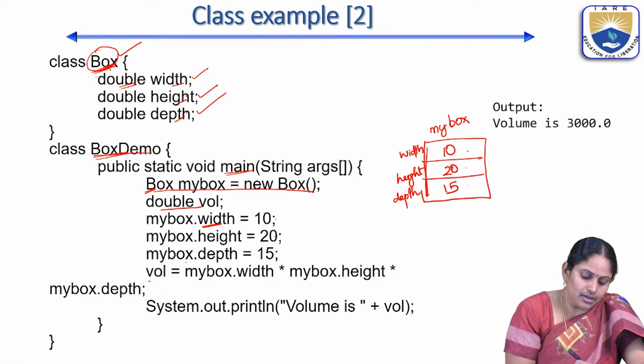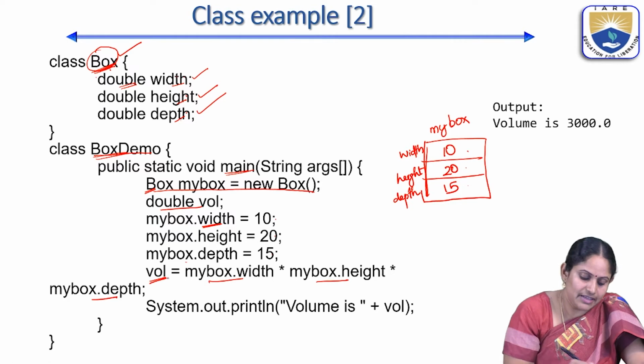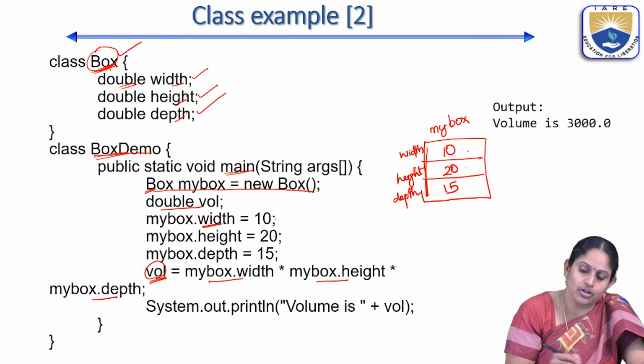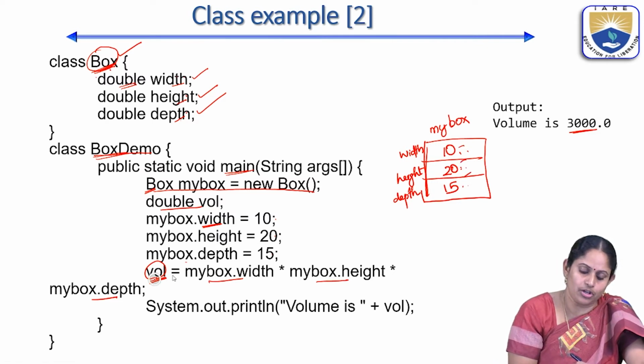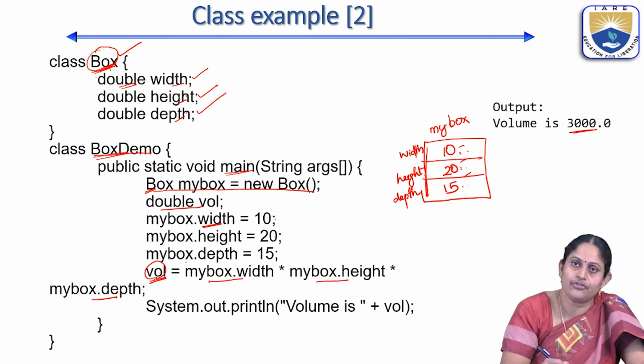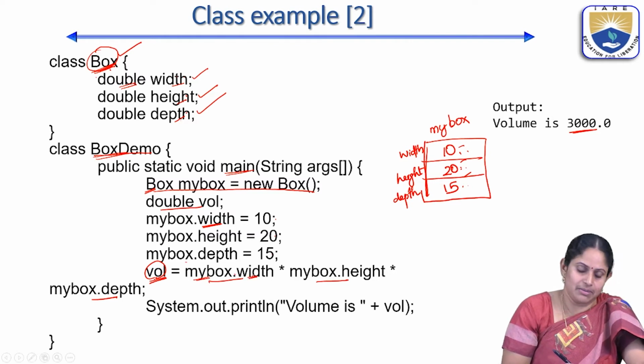Now we are finding the volume by extracting these three values and finding the product of them. Finally we get some value stored into volume, which is 3000. By multiplying all these three numbers, we get 3000, which is stored into volume. If we want to extract any value from the object, we have to use the object name dot the variable name.